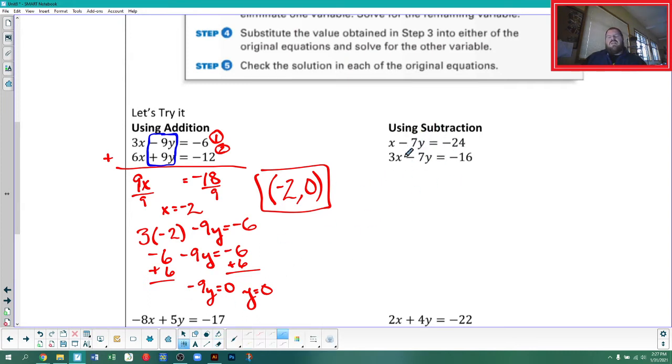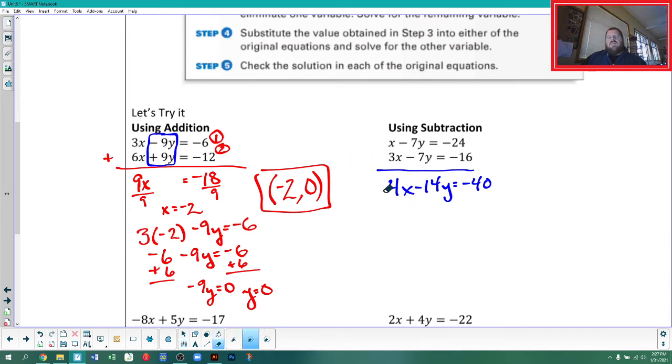But if I have the same number, I technically don't have to change anything in the equations. But let's just see what happens if I add them. We get 4x, negative 14y, and negative 40. So doing that did not get rid of any variables. So addition's not going to work.